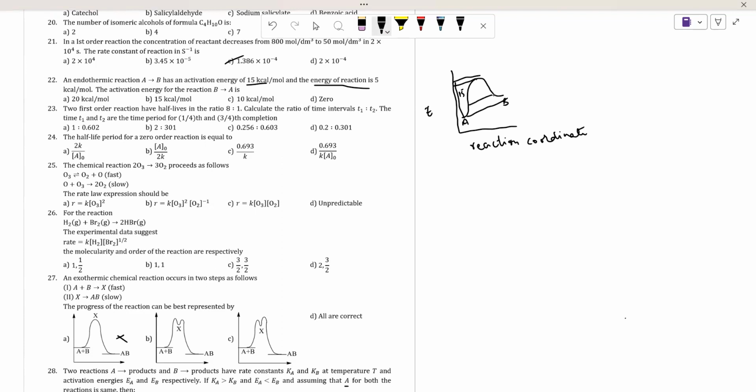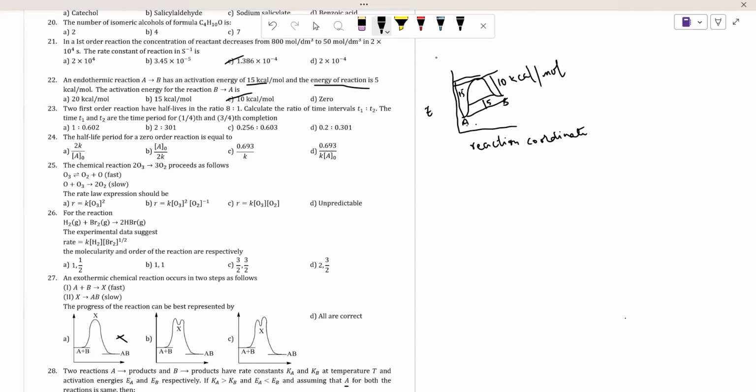The difference between the energy of the reactant and product, and this has been given as 5 kilocalories per mole, and they are asking you to determine the backward reaction activation energy, that is this much. So how much is it? 15 minus 5, this is equal to 10 kilocalories per mole. Which option is correct? Option C is correct.